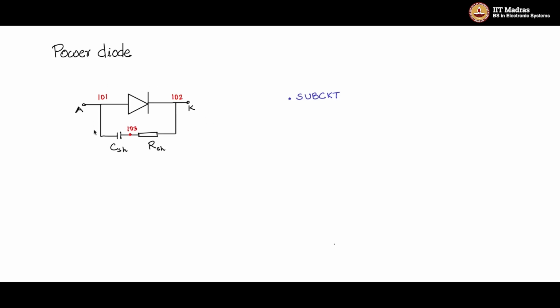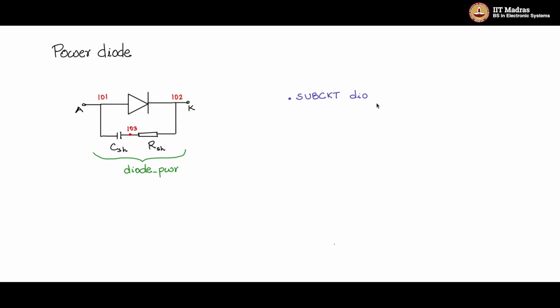Before that, what is the name I want to give for this module? I will call this one diode underscore power. It's a diode and it's for power application, so I will call it diode underscore power. You can give any name, just something that occurred to me.